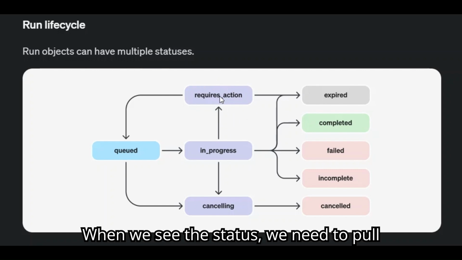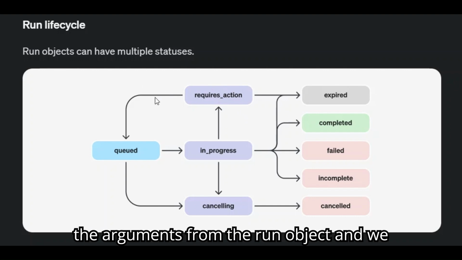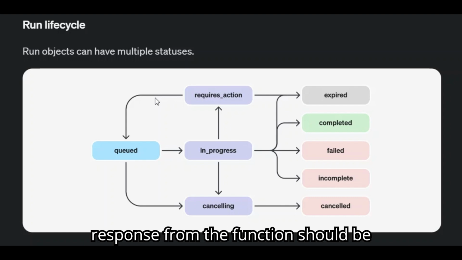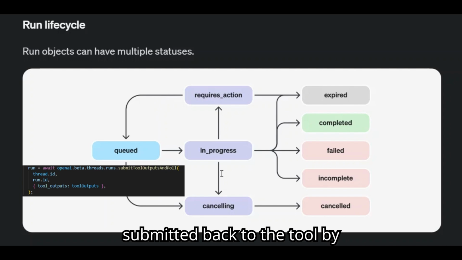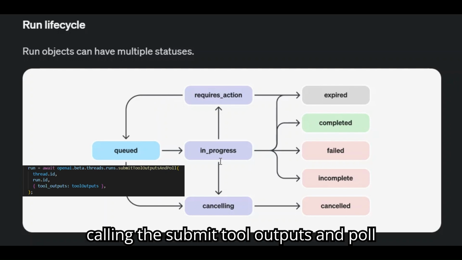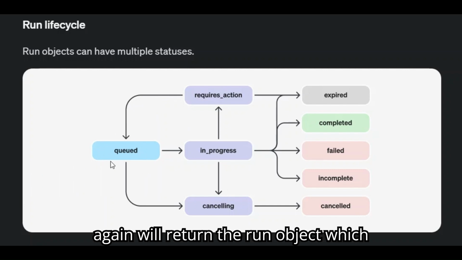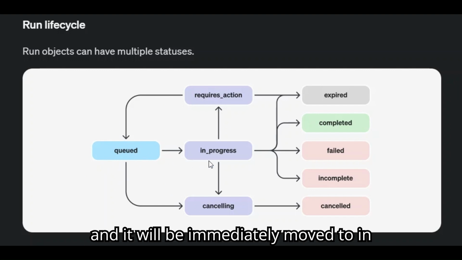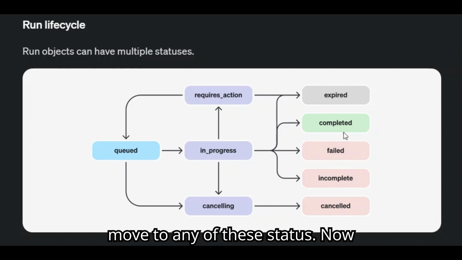When we see this status, we need to pull the function which we need to call and the arguments from the run object, execute the function, and submit the response from the function back by calling the submit tool outputs and poll method. That method again returns the run object, which will have the initial status as queued, and it will immediately move to in progress. And from in progress it can move to any of these statuses.